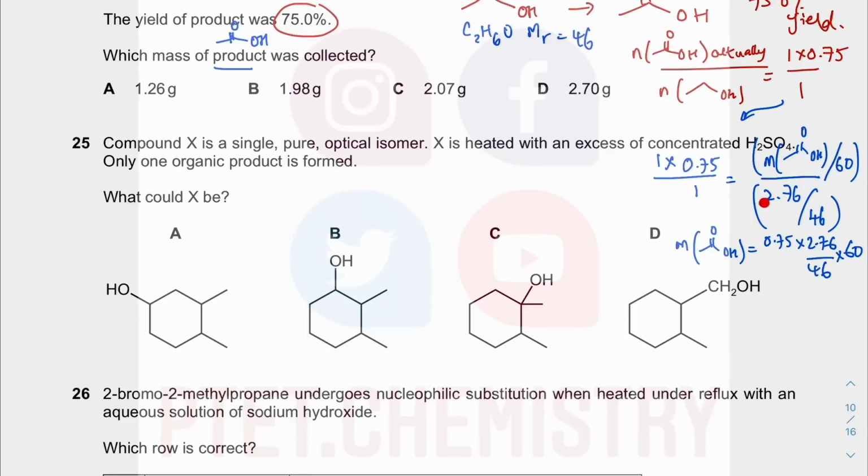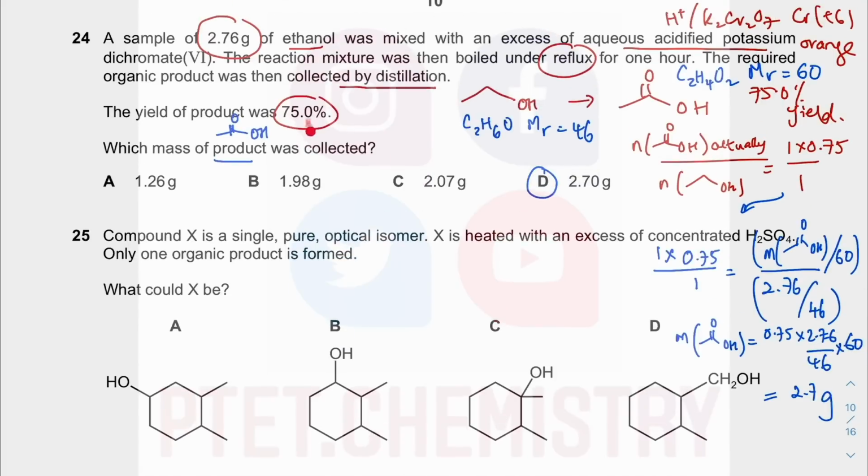I move all of these up here, multiply by 0.75, and then this over 60 equals all of that. I move the 60 up there. So 0.75 times 2.76 divided by 46 times 60. Do it in 2 steps if you can't see it in 1 step. Whatever it takes in order for you to rearrange this equation, but do it fast because you don't have much time in the exam.